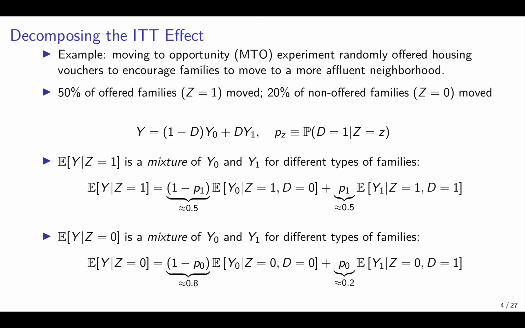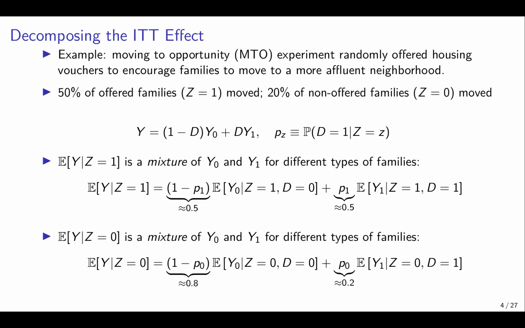So let's recall our favorite expression by now for the link between observed and potential outcomes. Y is equal to (1 minus D) times Y0 plus D times Y1. And let's also denote by P with the subscript little z the probability that D equals 1 given that Z equals little z.